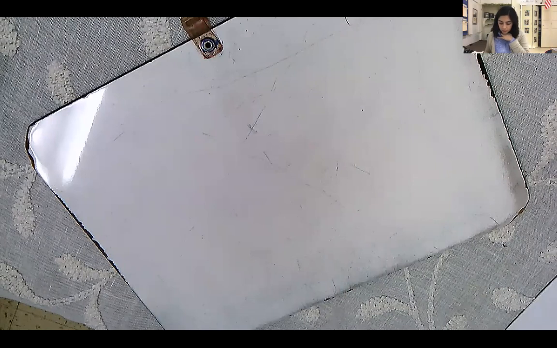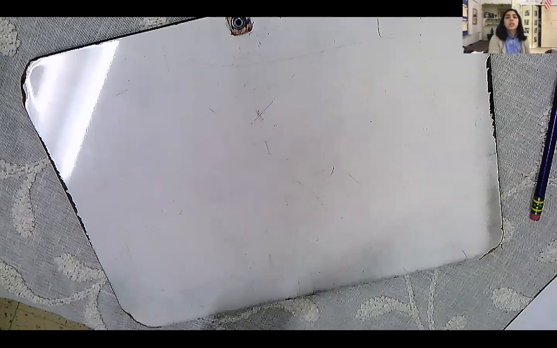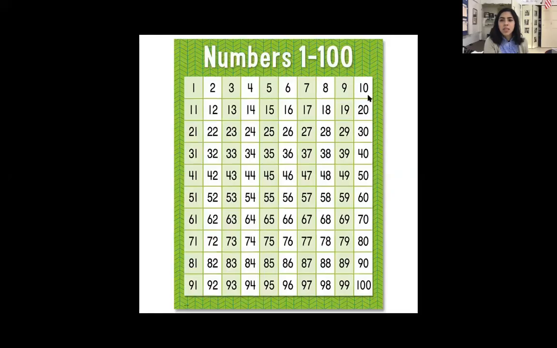Okay, so today we will learn how to add 10 to multiples of 10. So this is what that means. Let me share my screen with you. If we point to the 20 on the 100 numbers chart, okay? Now point to the number that's 10 more than 20. You're right, it's 30.